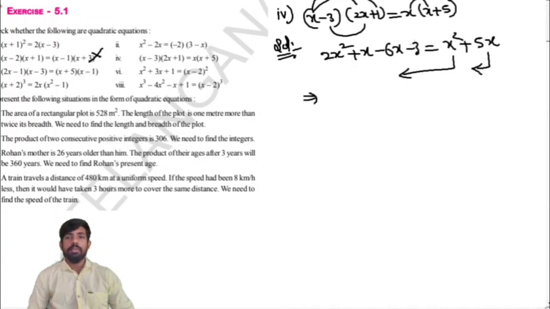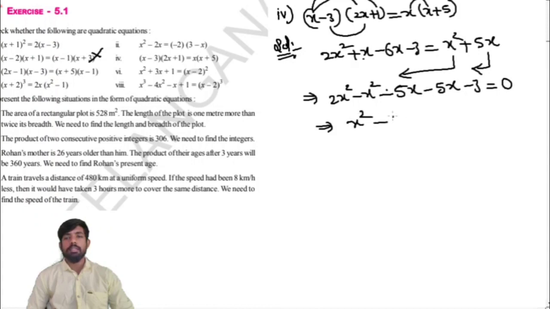From here 2x square minus x square, x minus 6x is minus 5x, and the 5x sent to the left hand side gives minus 5x minus 3 equals 0. So 2x square minus x square is x square, minus 10x, minus 3 equals 0. This is also a quadratic equation. Therefore this is a quadratic equation.